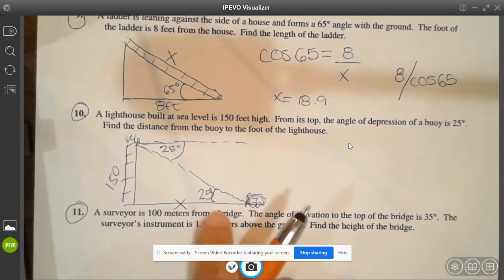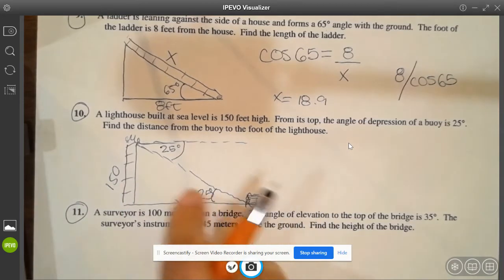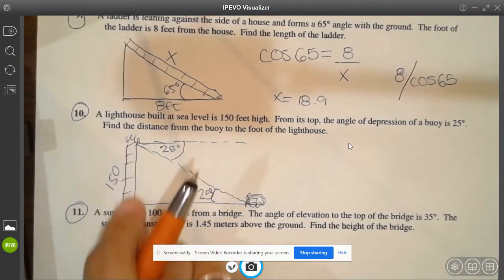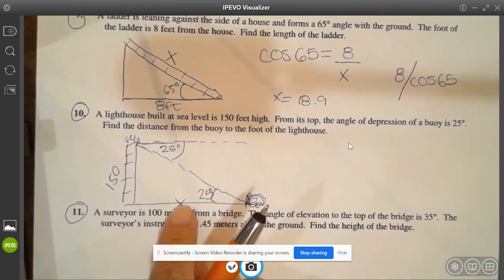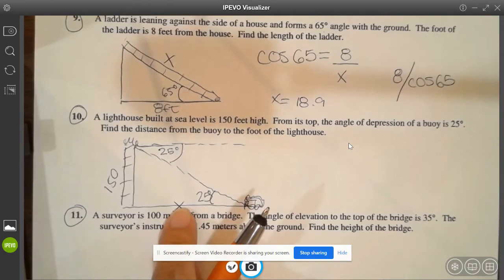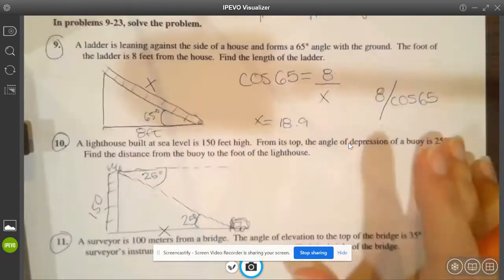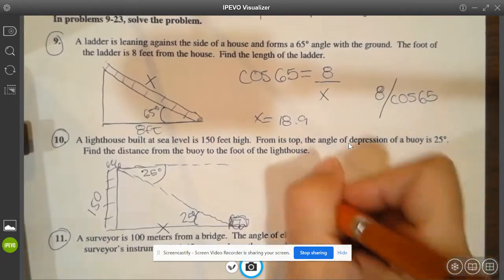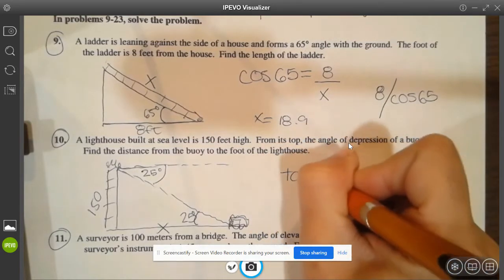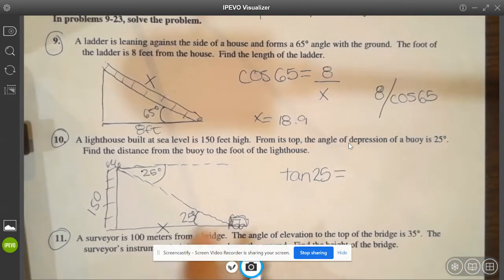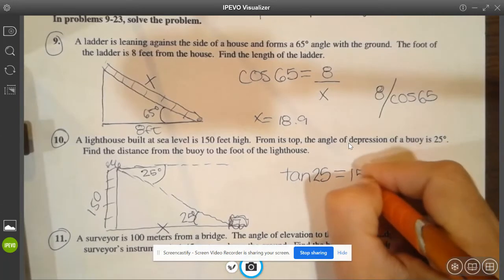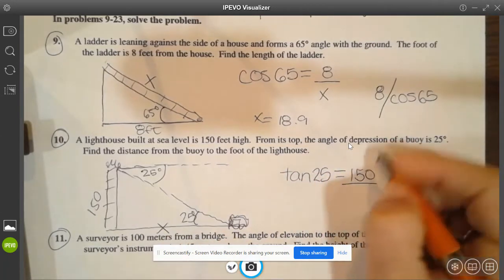So now we know which ones we're going to look for. We have the opposite side, which is how tall the lighthouse is, and we have the adjacent side. So we have tangent, right? SOHCAHTOA, opposite over adjacent. So tangent of the angle equals opposite over adjacent, which is the one you're looking for.